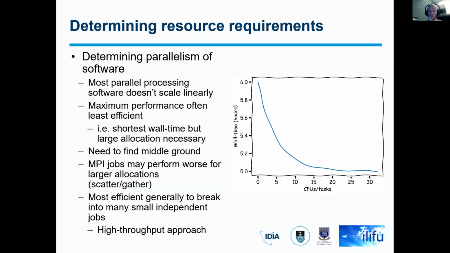So you can actually reduce your performance by making your job too parallel as well. In general, the best approach to follow here is to try to break up your job into small independent pieces as much as possible. This is called the high throughput approach, and I'll be showing a simple example of this in the demo at the end.